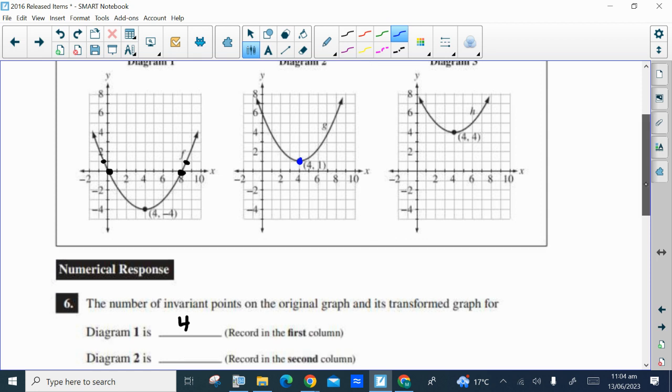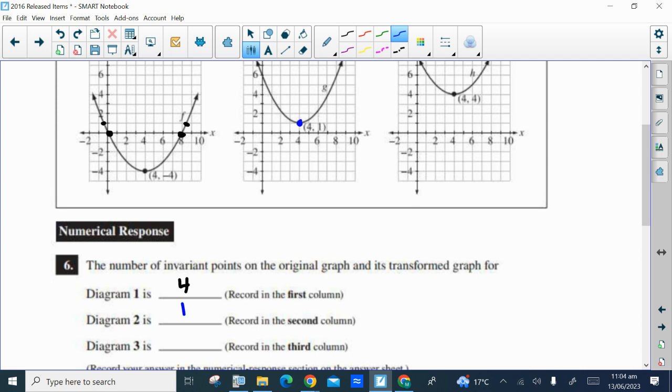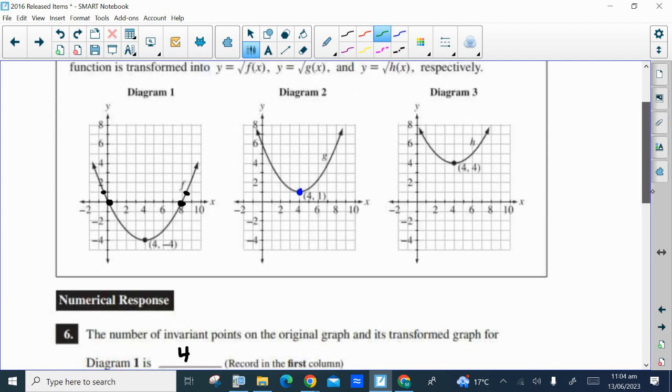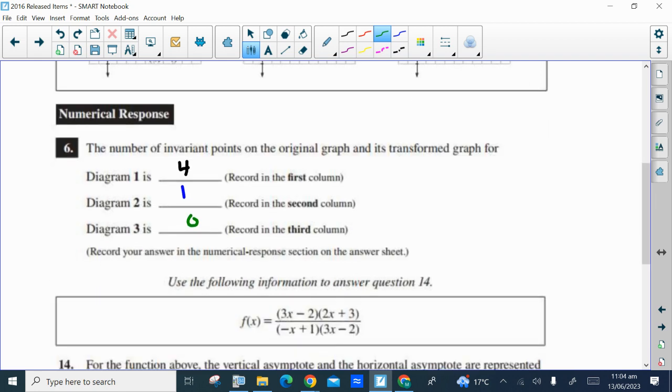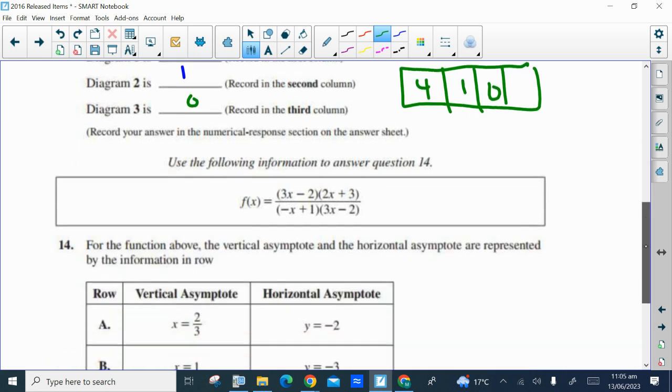So the second graph will have 1 invariant point, and the third graph will have no invariant points, because nowhere on the original graph does y equals 0 or 1. So your answer here is 410. So you leave the last box blank.